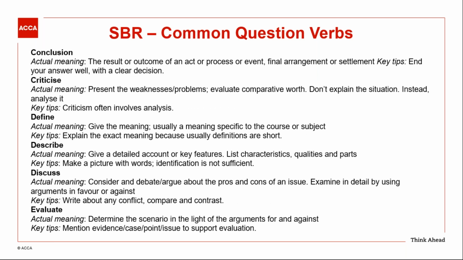Some other common aspects is conclusion. You must make some conclusion. You must give a clear-cut decision on a given situation, what you are going to do. When a conclusion-related question is in your exam, you must first give different outcomes.